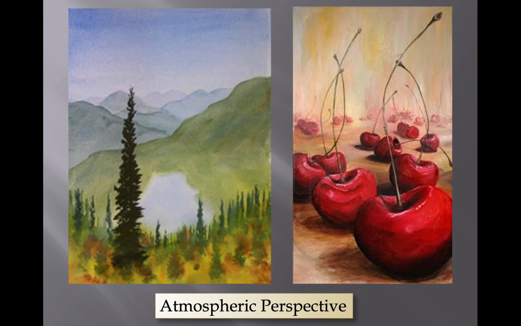Another kind of perspective is atmospheric perspective. This is literally that there is more air, more atmosphere of molecules and water vapor and dust particles between you and the thing you're looking at the further away it is. So they tend to get fuzzier, and the tones get more muted the further away you get.